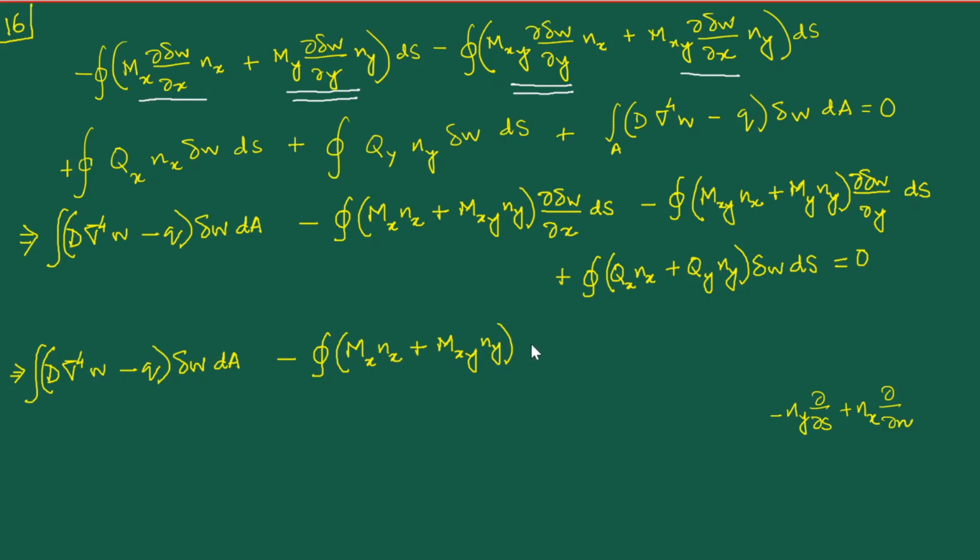So all that I need to do is write this as minus ny del delta w del s plus nx del delta w del n. All right, I can erase this out.